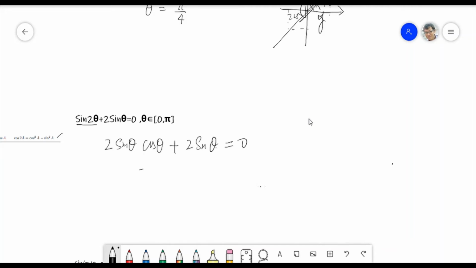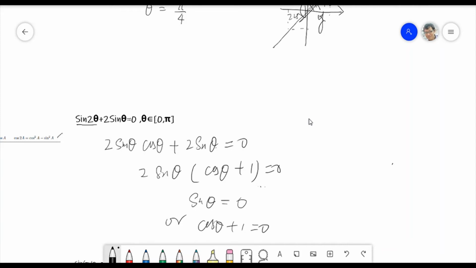The common factor is 2 sine theta, so 2 sine theta times cosine theta plus 1 equals 0. Since the two factors multiplied together give 0, either of them being 0 satisfies the equation. So sine theta equals 0, or cosine theta plus 1 equals 0. If sine theta equals 0, theta should be 0 or pi. If cosine theta plus 1 equals 0, then cosine theta should be negative 1.